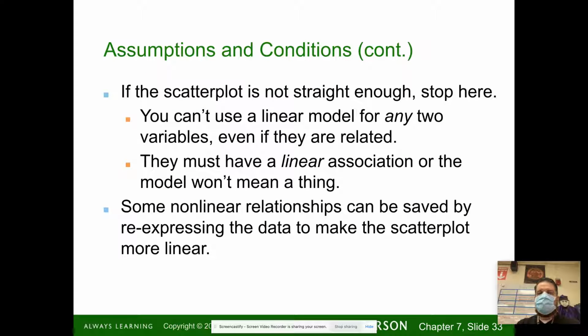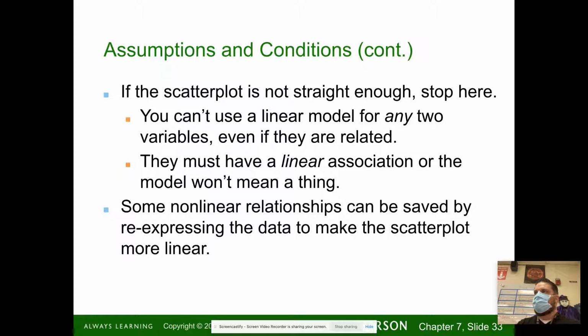Okay, if the scatter plot is not straight enough, just stop. You can't use the linear model. Eventually, we'll learn how to do quadratic regressions and exponential regressions, but if it's not looking like a straight line, don't even do the math. They must have a linear association or a model won't mean a thing.